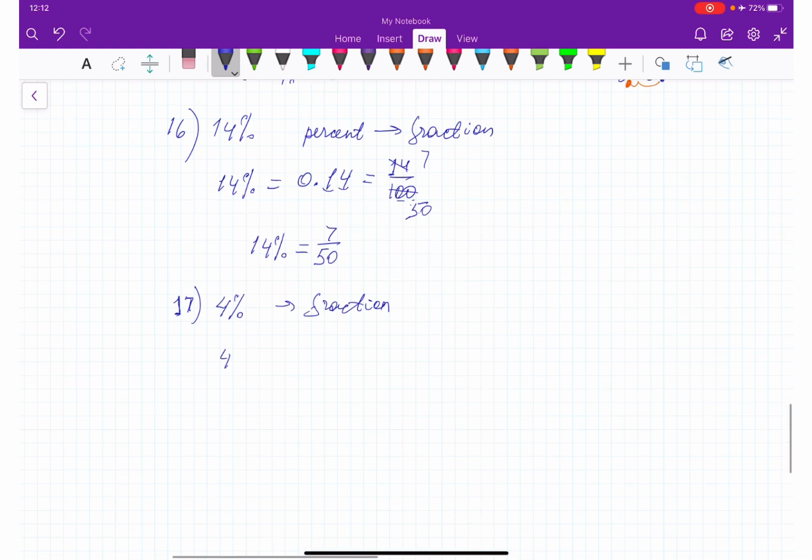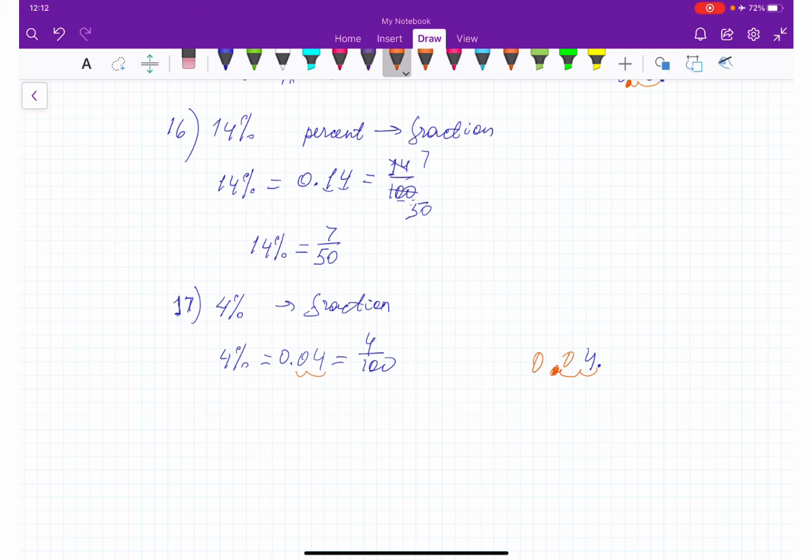Again, we are going to convert 4% this time, 4% into fraction. So what do we have? 4%. I have to convert into decimal notation, right? 4 is right here. So I'm dividing by 100, which is 1 and 2 positions, right? This is 0.04. And as a fraction, it's going to be 4 over 100 because we have two positions, 1 and 2, which means 100, two zeros.